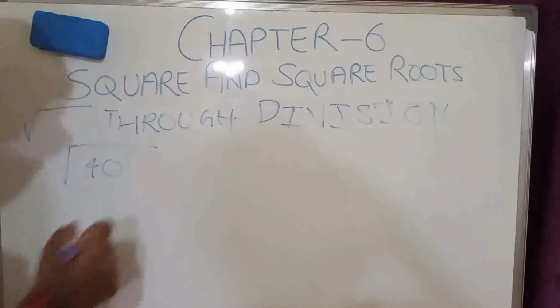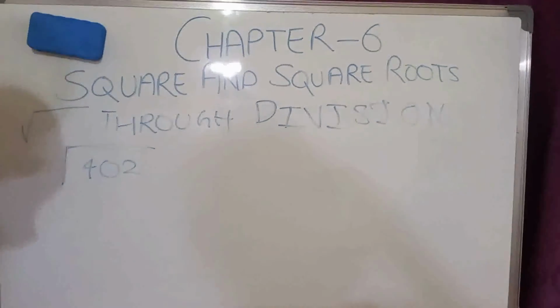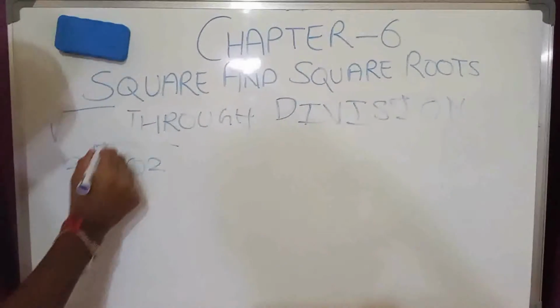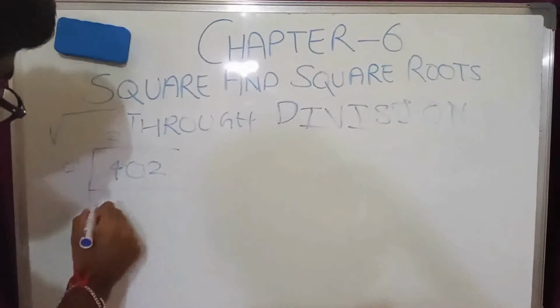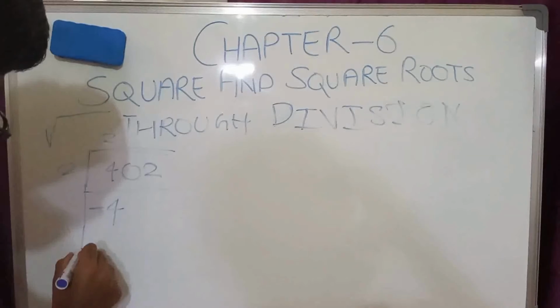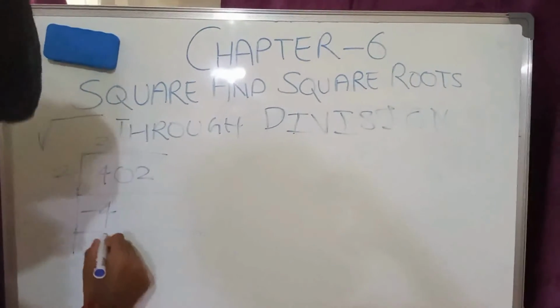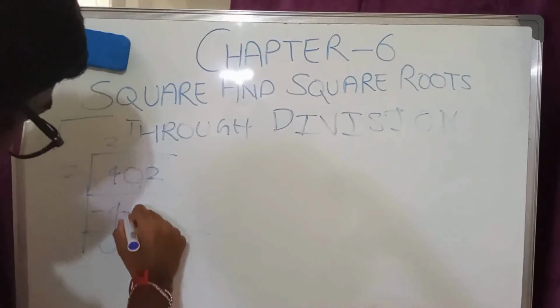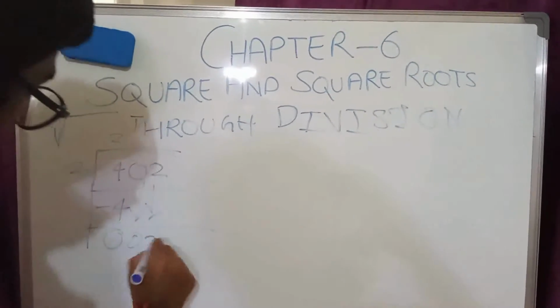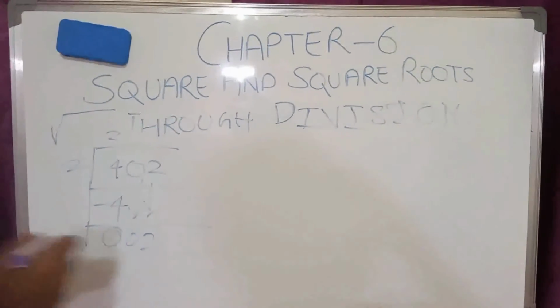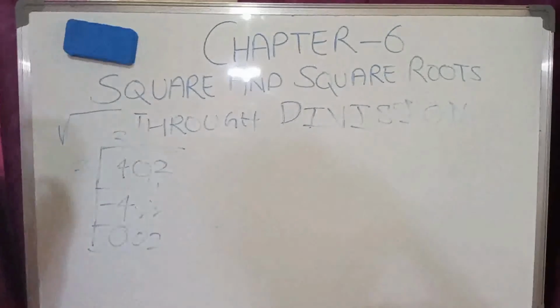the long division method, 402. So it will be 2 into 2, 4, then it will be 0, and then 2 comes here. So here we find that 2 is the remainder, as 2 cannot be taken any further.